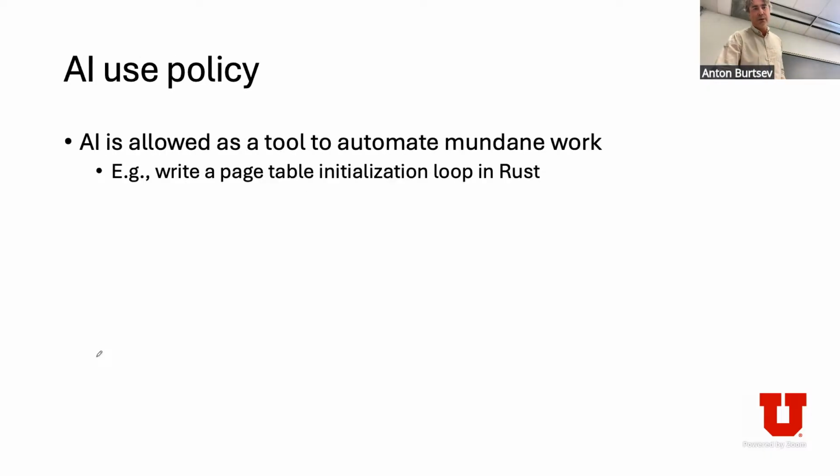And as for AI use policy, let's use AI as if we were in production, meaning that if you don't know how to write a for loop in Rust, go for it, let AI write it for you. But I would say, don't single shot the assignments. It may be possible, it may not be possible, and maybe by the end of this year, AI will become even more powerful. It's already very powerful, right?